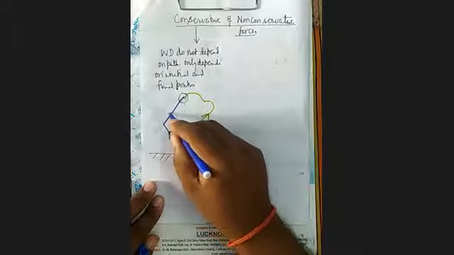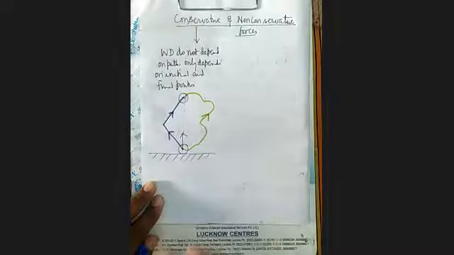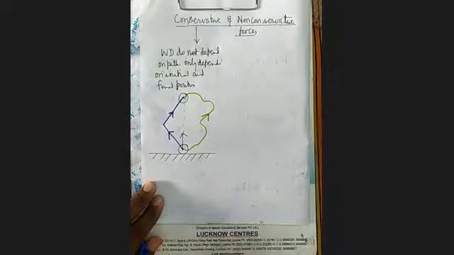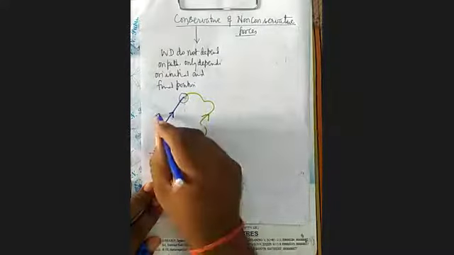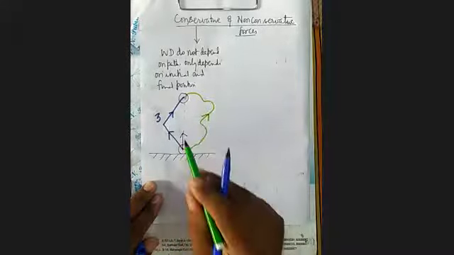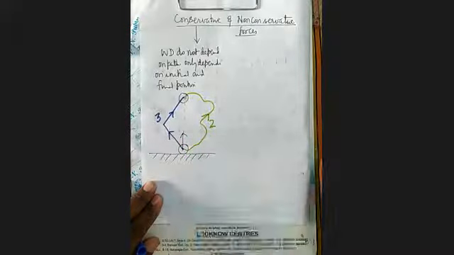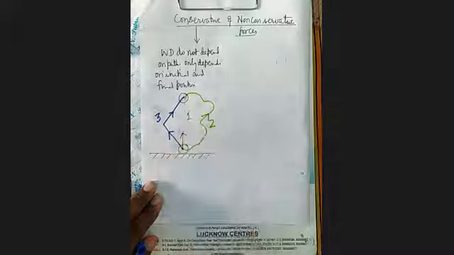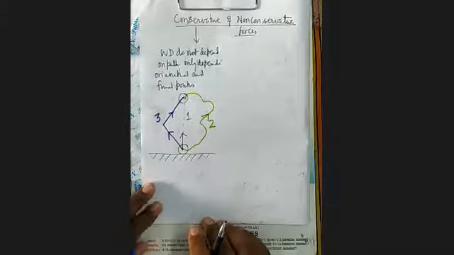So see here, work is done against gravity. In all the three cases, work will be the same. Whether you take the third case, or the second case, or the first case, in all the three cases work will be the same. It's clear.